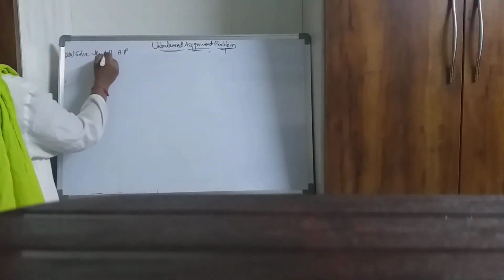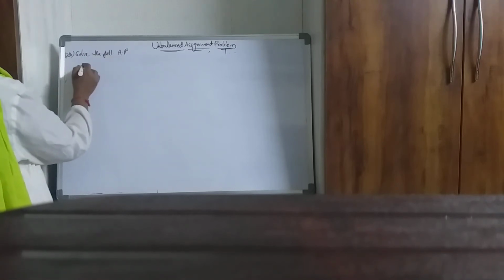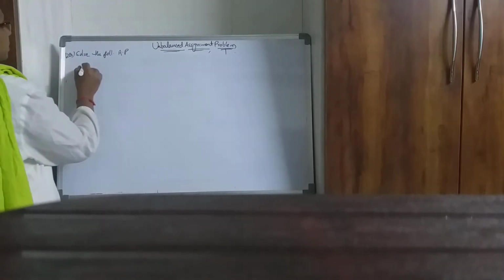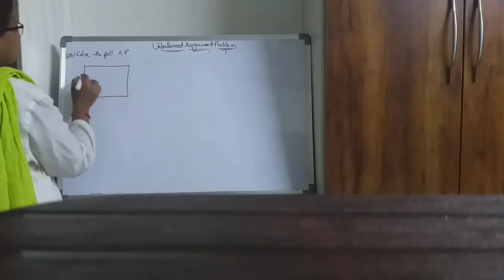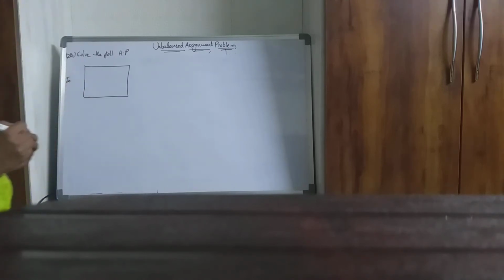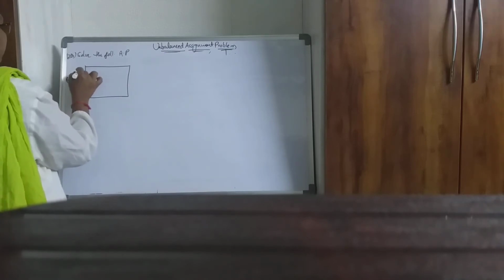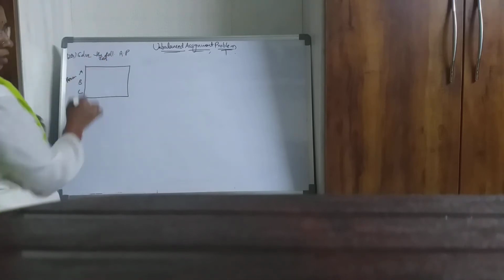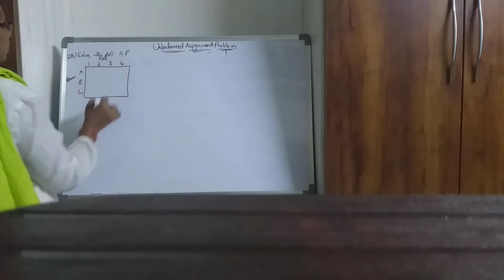So second question, solve the following assignment problem. You have jobs and persons. So here you have persons A, B, C, and here jobs 1, 2, 3, 4.